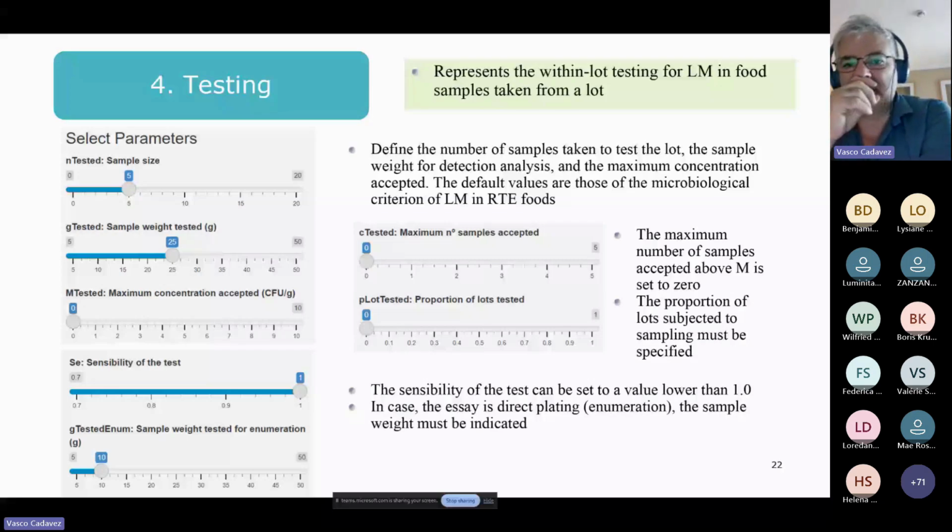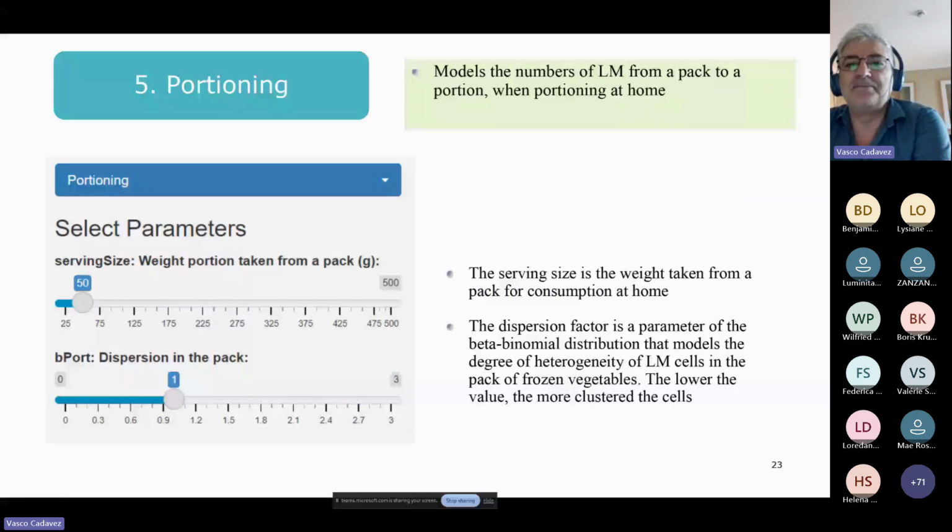Okay, considering the portioning, this models the numbers of Listeria monocytogenes from a pack to a portion. Let's say we have a pack, we can remove a portion to cook, and we are simulating the Listeria monocytogenes that go in that portion. Okay, so this is a stage at home.